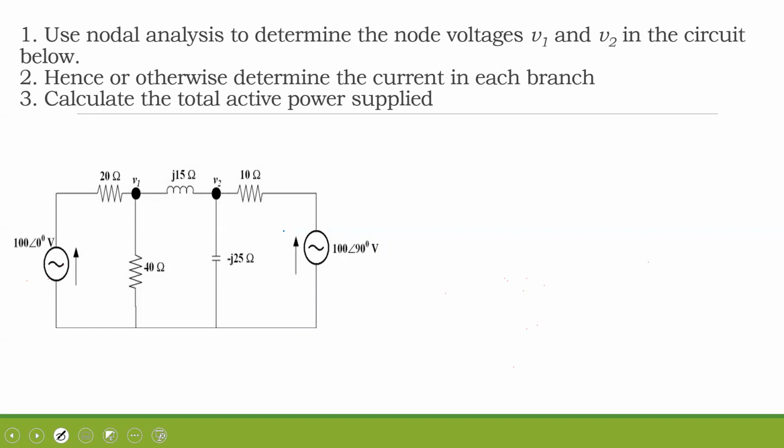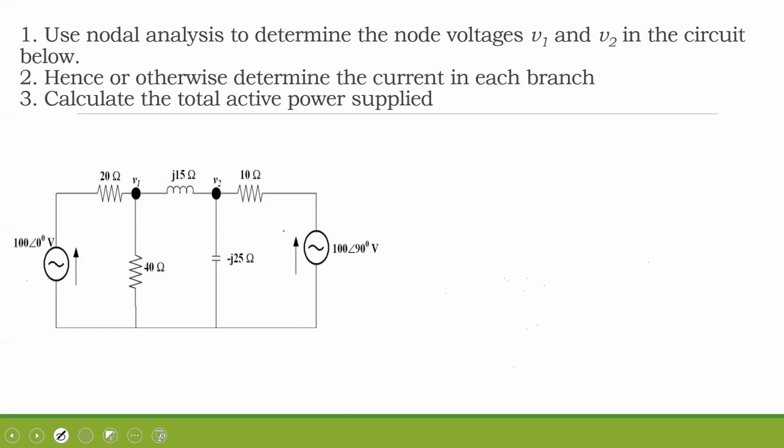So what's the sum of reciprocals of 20, 40, and J15? It would be 1/20 plus 1/40 plus 1/J15.